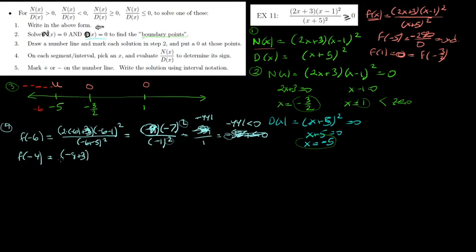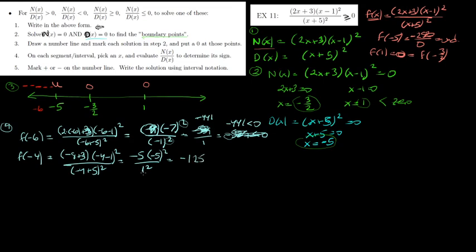All right. Anyways, 2 times -4 is -8, plus 3 is going to be -5, times -4 minus 1 squared, all over -4 plus 5 squared. And so this is going to be -5 times some positive number, right? It's just -5 squared over 1 squared. So I think we get -125.